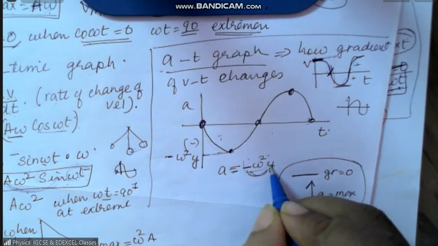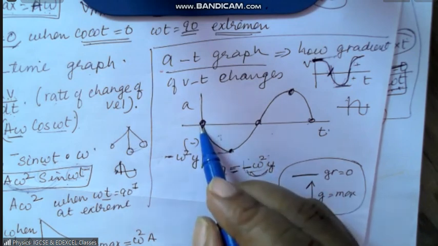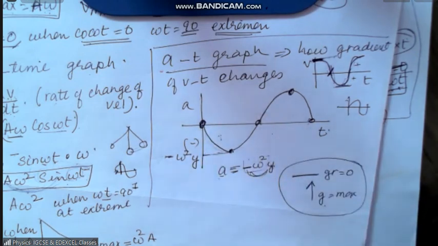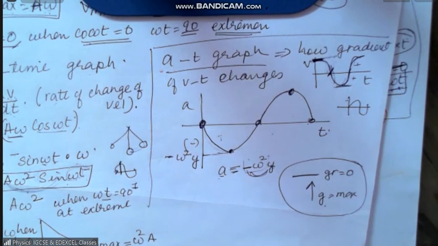Y is a positive sine function, acceleration is a negative sine function. That is why you got the graph like this. You understood how you draw these graphs. Please practice, okay? Please practice. These graphs are just unit 1 revision. Probably differentiation is one you did not do earlier, but the graphs are this one.